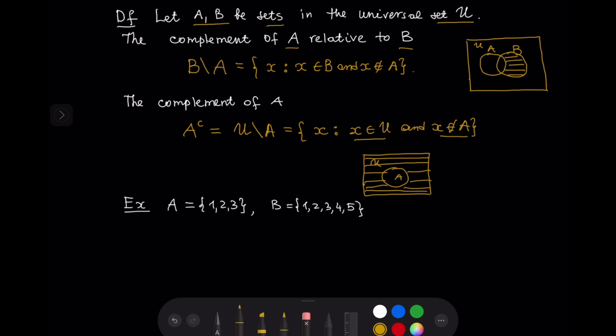So, for example, if the set A is the set of integers 1, 2, 3, and if the set B is the set of integers 1, 2, 3, 4, 5, then the complement of A relative to B, or B minus A, is equal to everything that is in B but not in A, so it will be 4 and 5.